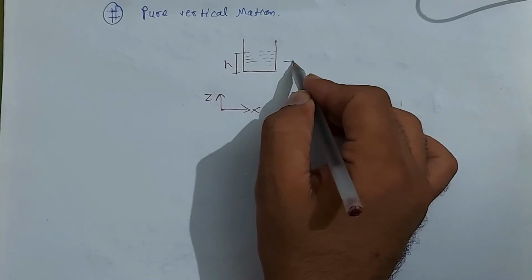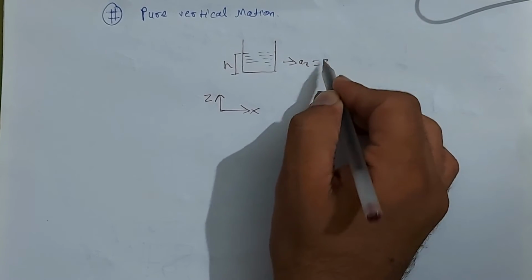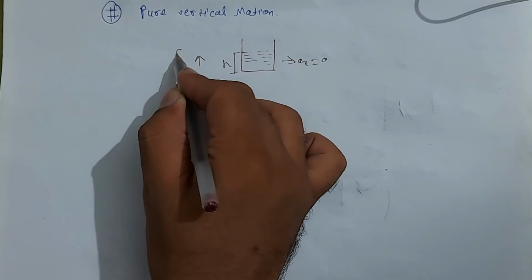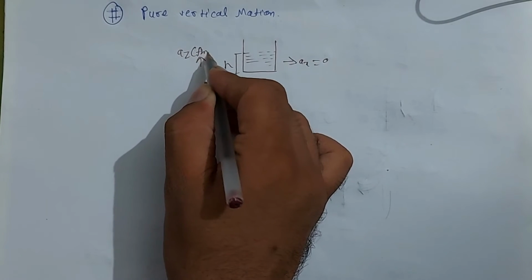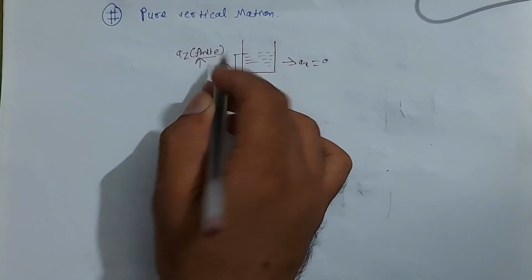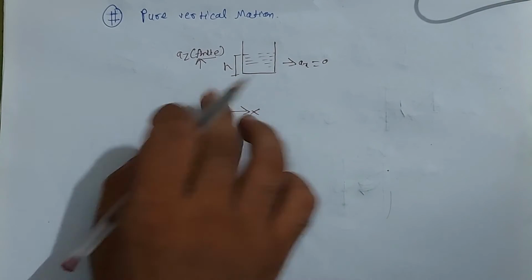So the acceleration ax in this case is equal to 0, but there is some finite value of acceleration in the z direction.